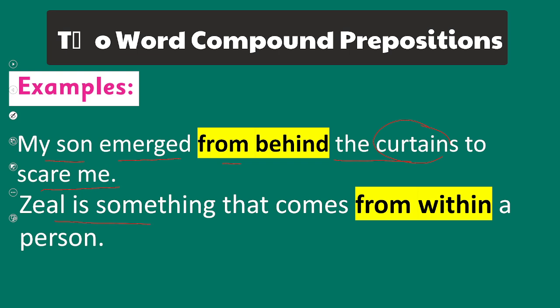Next, zeal is something that comes from within a person. Does it come from outside? No, it comes from within, from the conscience. So from is a preposition, within is a preposition, and we have a compound preposition over here.